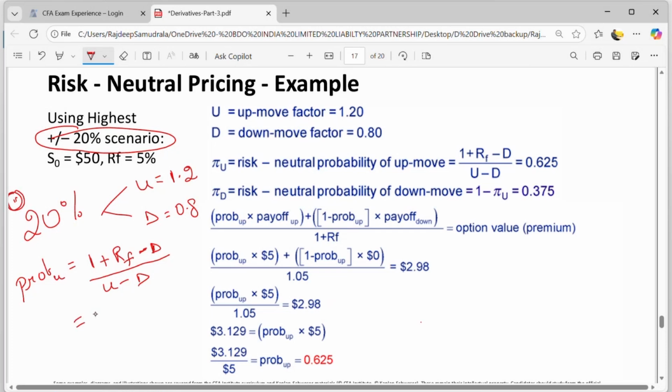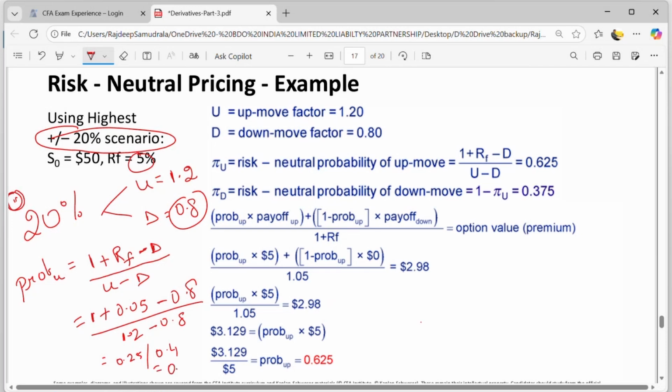Let's solve it. What is the risk-free rate? 5%, right? So it is 0.05. What is the value when it goes down? 0.8. What is the value when it goes up? 1.2. So this gives you 1.05 minus 0.8, which is 0.25, divided by 0.4.